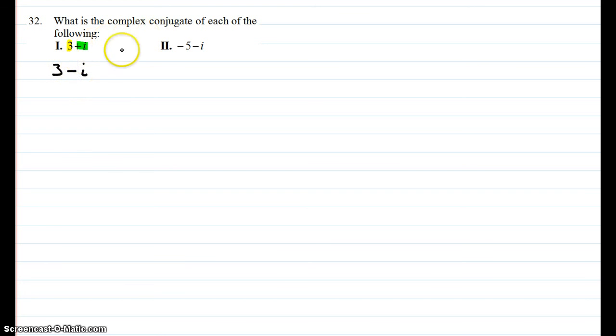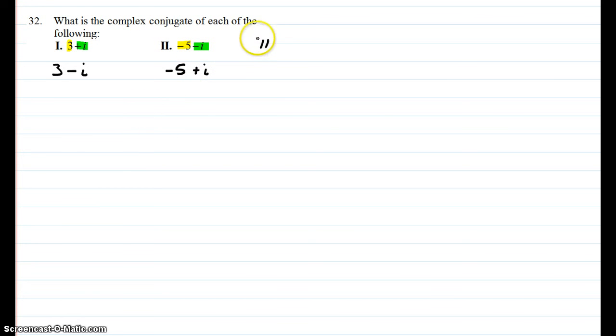So the complex conjugate of 3 plus i is 3 minus i. Here, the negative 5, the real part, stays the same, and for the imaginary part, just take the opposite. So it would stay negative 5, and the opposite of a negative i would be plus i.